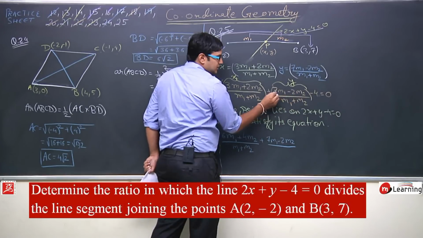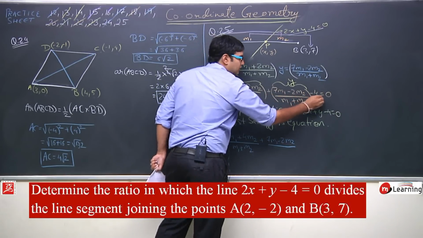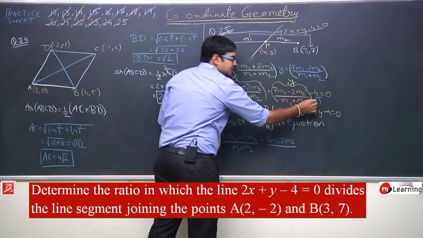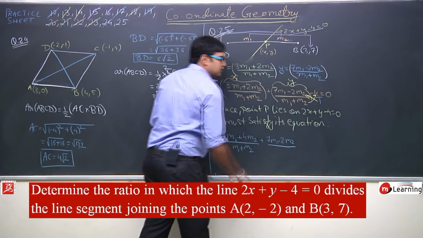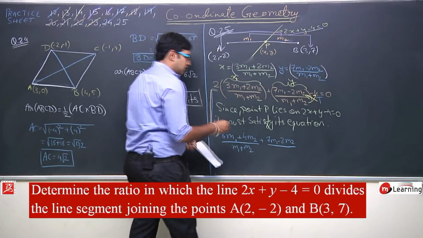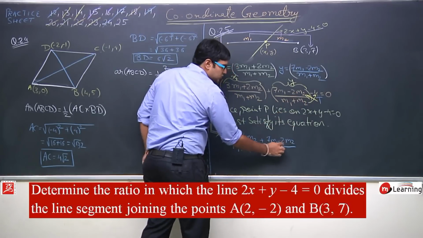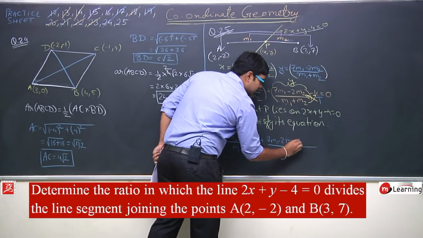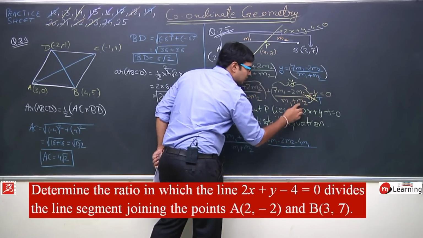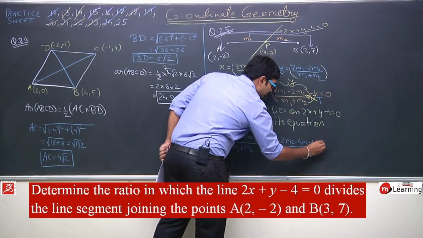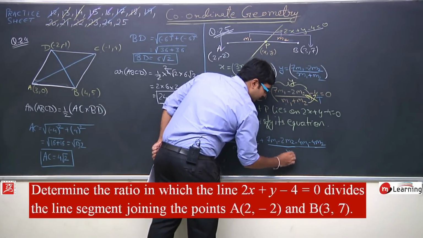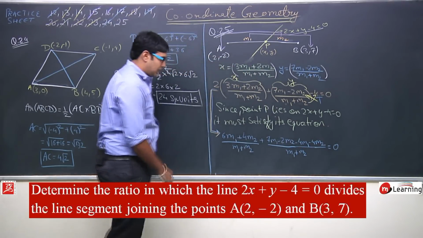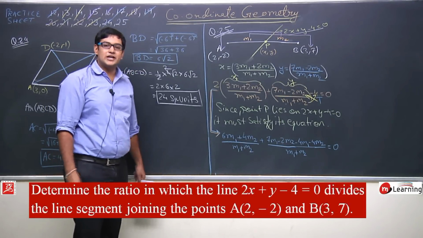Just observe this condition: minus 4 has 1 in the denominator, so I am going to cross multiply. I will get 7m1 minus 2m2 as it is, and minus 4 into m1 is minus 4m1, and minus 4 into m2 is minus 4m2, whole upon m1 plus m2 equals 0. This is the condition we will get.